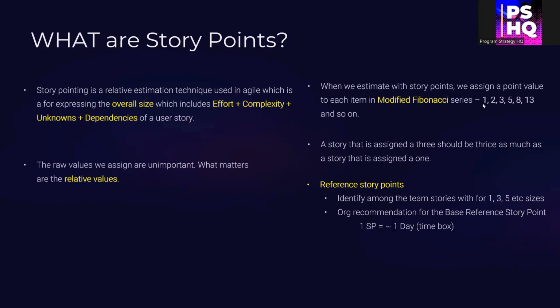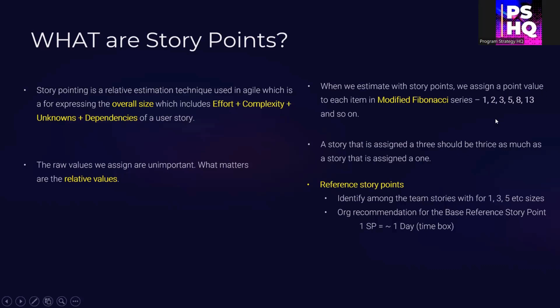When we estimate in story points, we assign a point value, which is unitless. We take it from the modified Fibonacci series, which is 1, 2, 3, 5, 8, 13, and so on. When we estimate, we pick any of these numbers as per the size the team thinks would fit, and we give that point value.